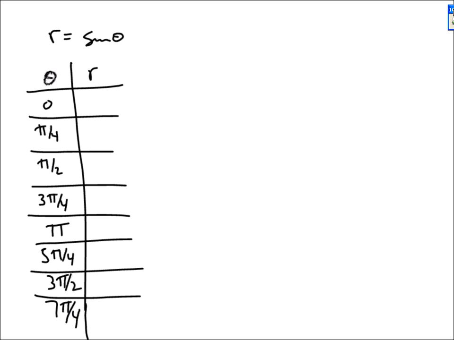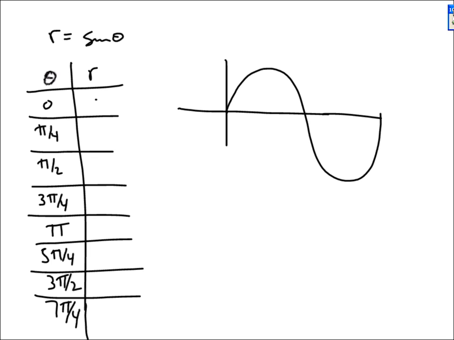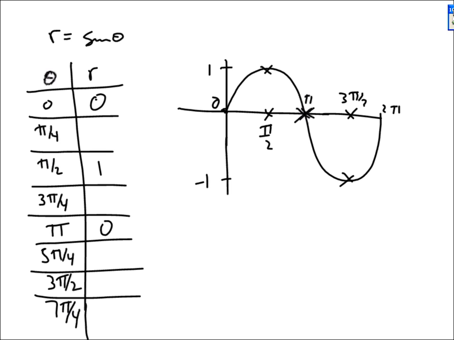The sine of 0, well, let us draw a sine graph. I know the sine of those angles. Pi over 2, pi, 3 pi over 2, and 2 pi, and 0. So let me do that. Sine of 0 is 0. The sine of pi over 2 is 1. The sine of pi is 0. The sine of 3 pi over 2 is negative 1. And the sine of 2 pi is back to 0.